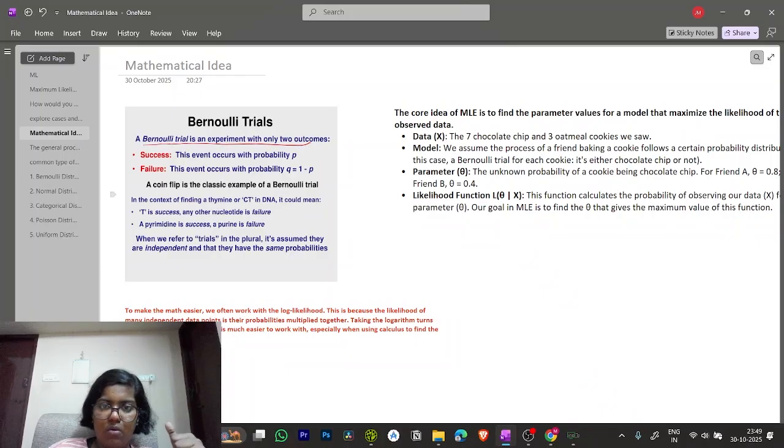It's either a win or a lose in a match. A cricket match always ends in a win or a lose because there's a concept of super over. Success occurs with probability P, and failure occurs with probability 1 minus P. I hope you understood what a Bernoulli trial is.